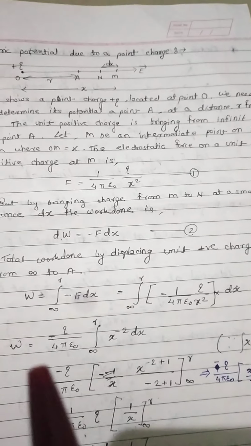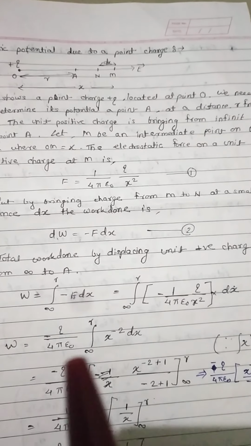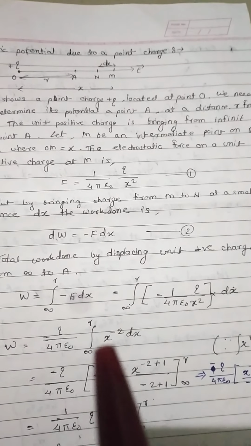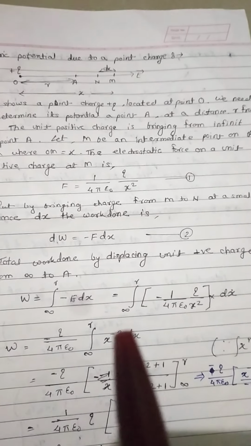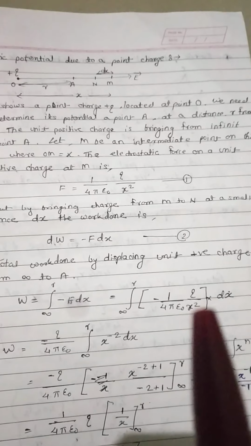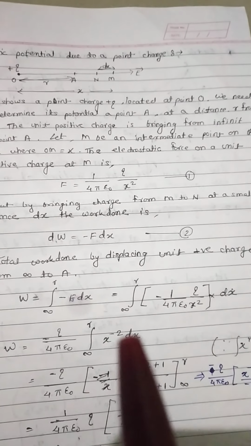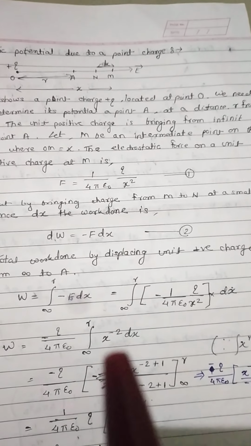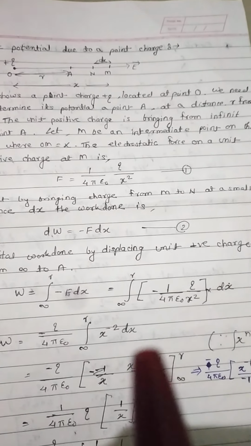So work done is equal to minus Q upon 4 pi epsilon naught, integration from infinity to R of x raised to minus 2 dx, because 1 upon x square is written as x raised to minus 2.